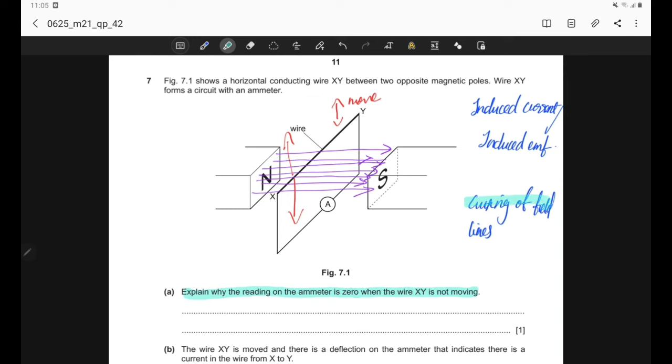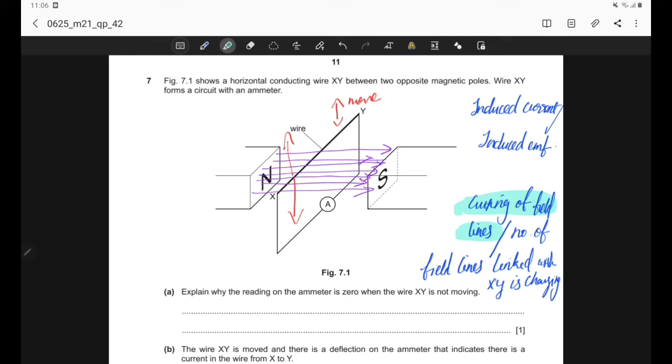So the cutting of field lines by this conducting wire XY, or in other words the number of field lines linked with the wire XY, keeps changing.